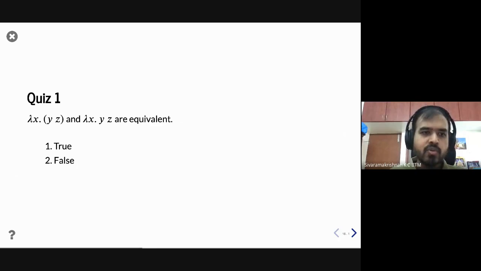A few questions just so that we understand what is going on. Do you think these 2 terms are equivalent? Lambda x, yz, and lambda x without a bracket, yz. Are they equivalent? You can just type an answer in the chat. Yes or no, true or false.